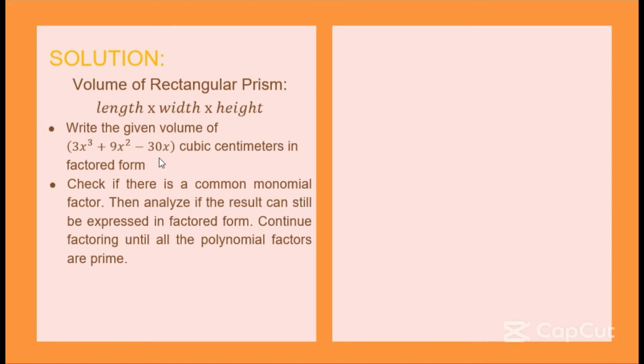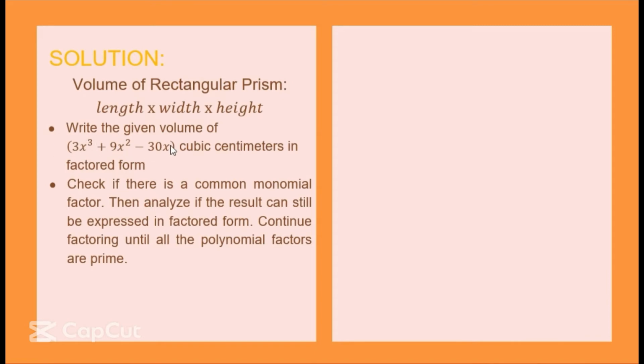Now, 3x cubed plus 9x squared minus 30x. Ang common monomial factor niya, we have numerical coefficients 3, 9, and 30. Pwedeng i-divide sa kanilang lahat ay 3. Diba? 3 divided by 3, 1. 9 divided by 3, 3. 30 divided by 3, 10. And then, pare-parehas sila na may variable na x.